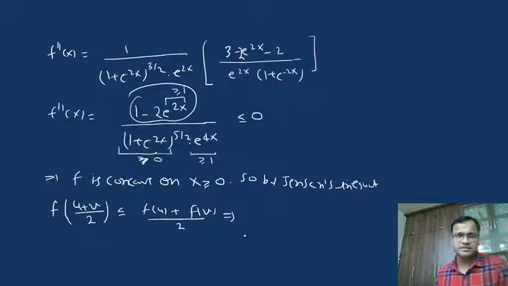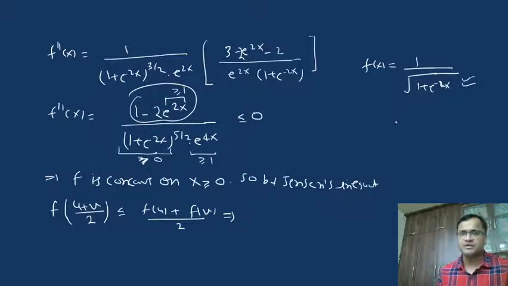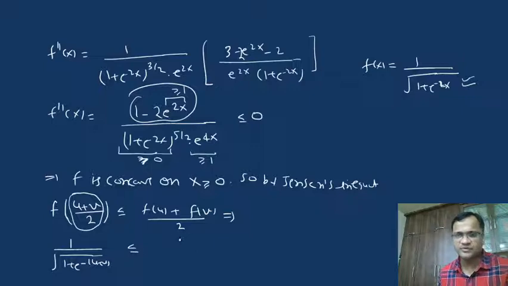This implies f(x) is what? The definition of f(x) is actually 1 upon root under 1 plus e to the power minus 2x. This is the definition of f(x) which is supposed in the starting line of this question. Then if f(x) is this, then the value of f of (a plus b) upon 2, put x equals to (a plus b) upon 2, we get 1 upon root under 1 plus e to the power minus of (a plus b), is less than or equal to f(a) plus f(b) upon 2.